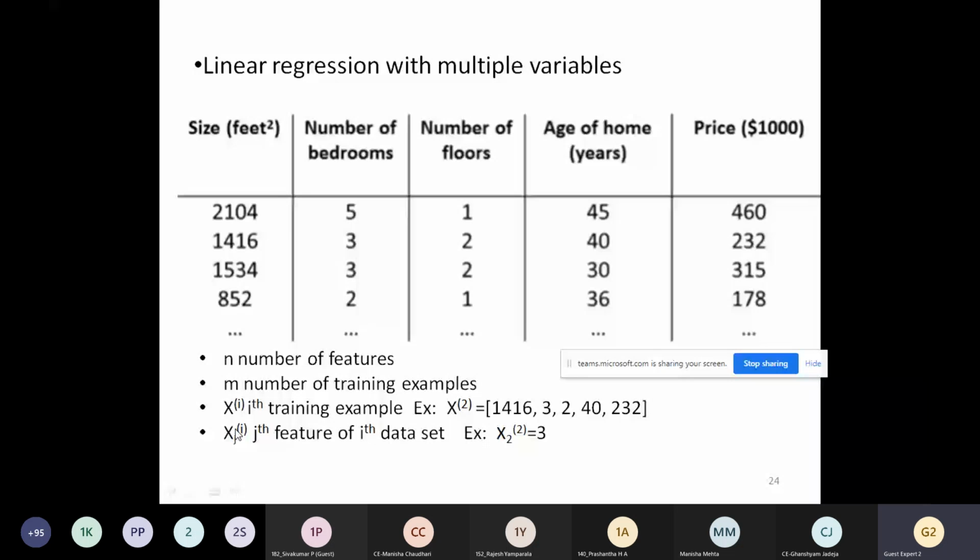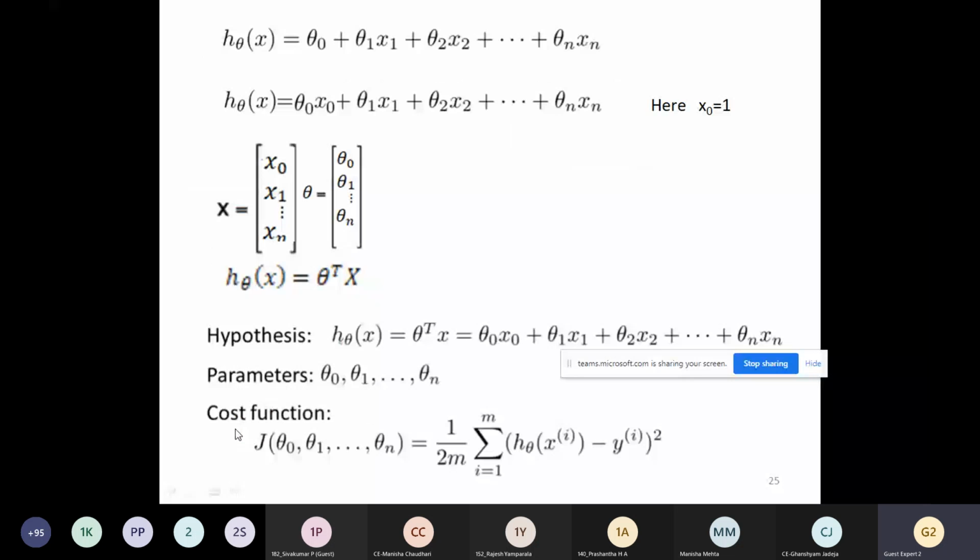Now in multivariate regression, our hypothesis function is changed. Earlier in simple regression, we were using only up to theta 1 because we had only one feature. Now we have n number of features. So our hypothesis function will be h theta of x is equal to theta 0 plus theta 1 x1 plus theta 2 x2 up to theta n xn.